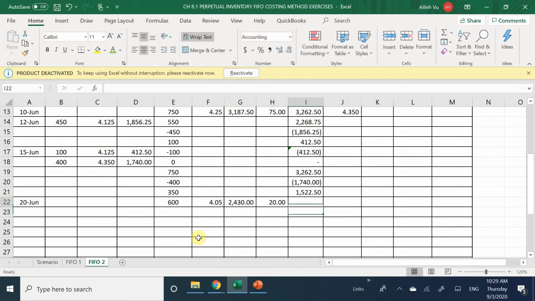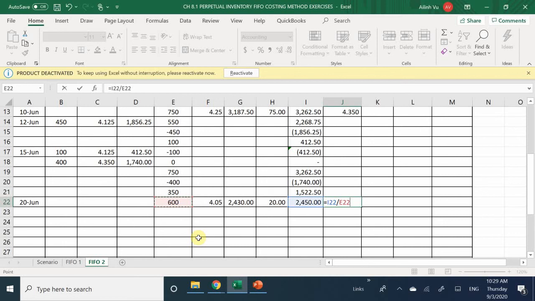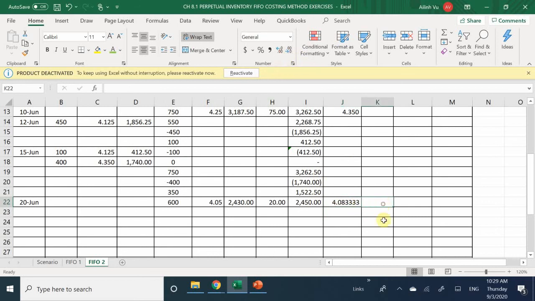And then $20 freight. 2450. Hold up, you're going too fast. I'm trying to type this in. All right, go ahead. And then $4.08333. Let me expand that out so you guys know this isn't a round number.